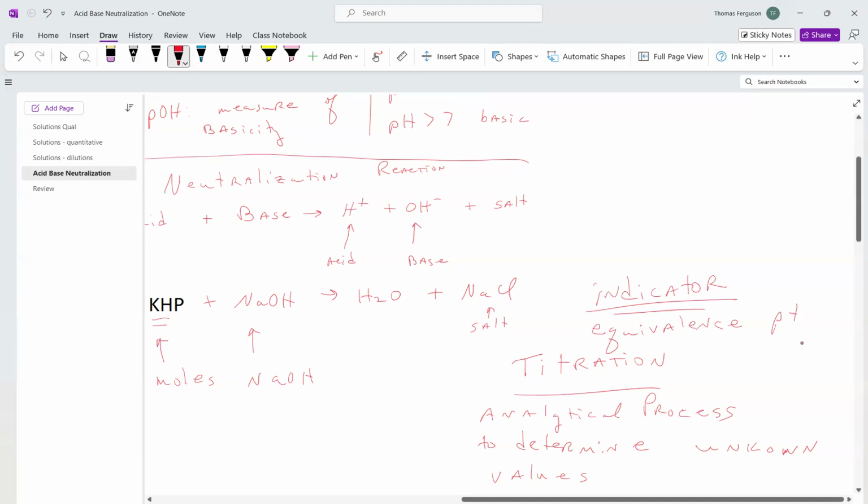And that point is called the equivalence point. Equivalence means equal. So equal numbers of moles of KHP equals number of moles of NaOH. So now we can calculate the concentration of sodium hydroxide, because we'll know the volume in liters and we know the moles per liter.